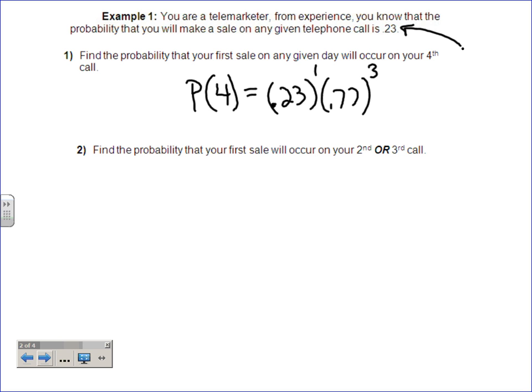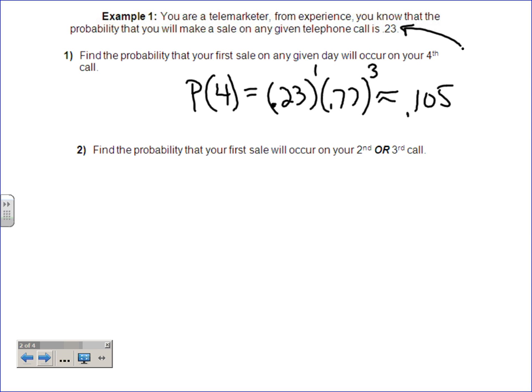This is taking out of consideration maybe they're ornery in the morning and they only succeed in the afternoon, right? So, again, you have to kind of start pulling back from that. And I got something around there. Is that what you got? So 10.5% chance that it'll actually happen on the fourth call and not before that.